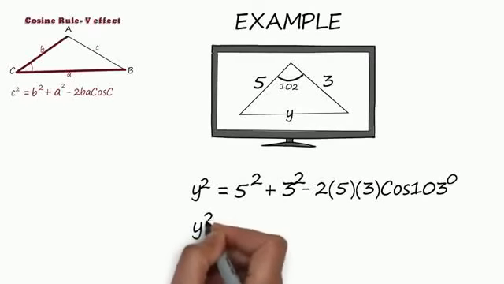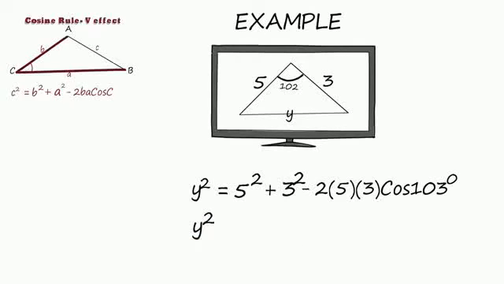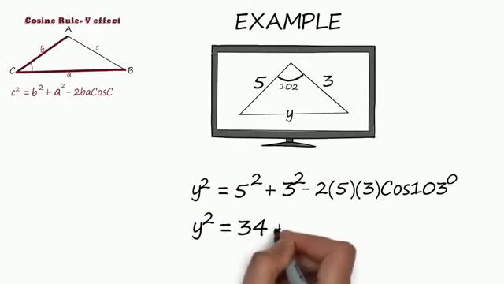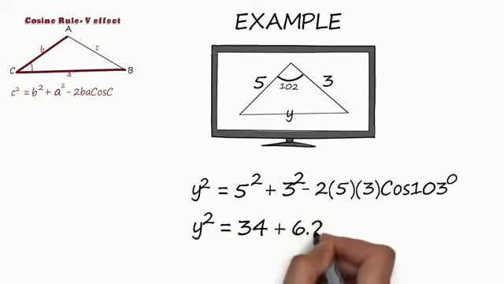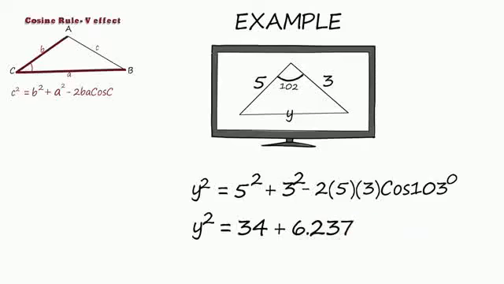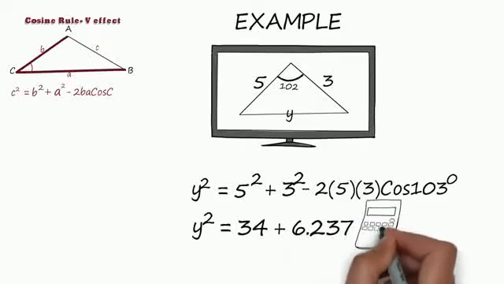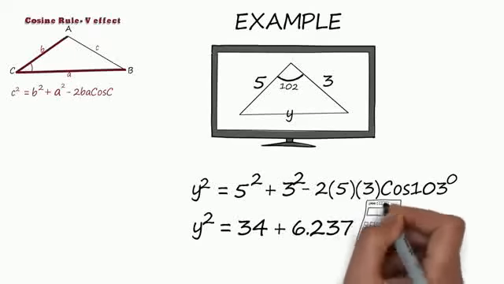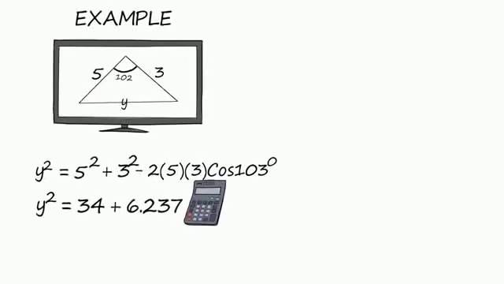The rest, you can punch in the whole thing, but I like simplifying so that I don't make mistakes. There I'll get 34, and then the other part I'll get plus 6.237.